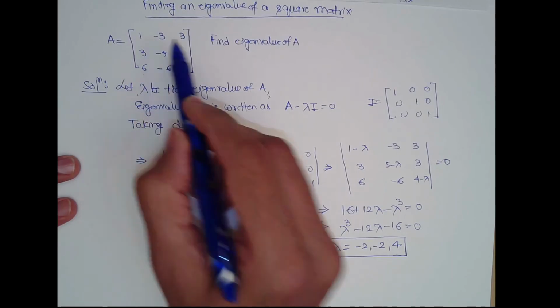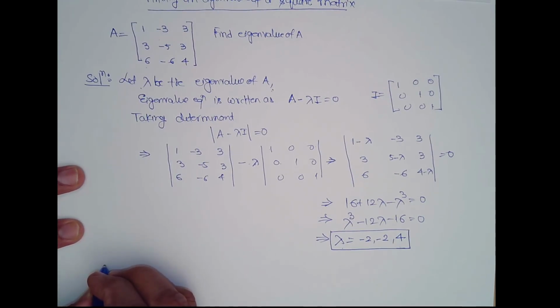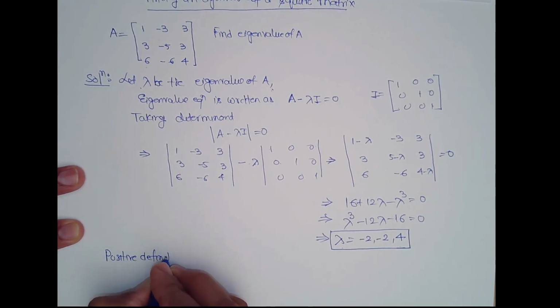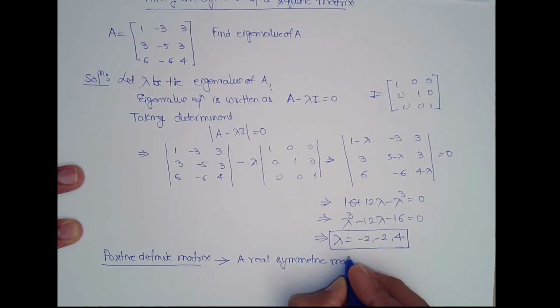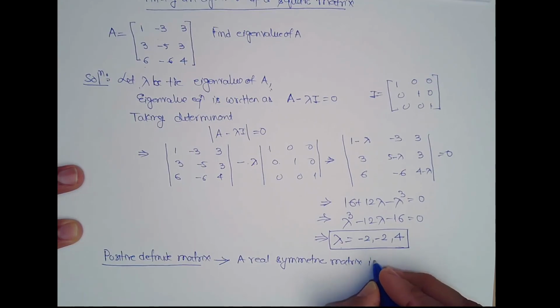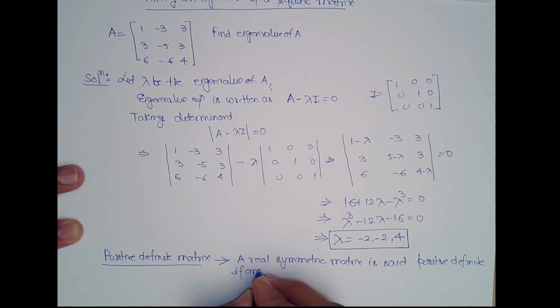If it is a symmetric matrix, again you can find lambda. So a quick revision again. What is a positive definite matrix? A real symmetric matrix is said to be positive definite if and only if its eigenvalues are real and positive.